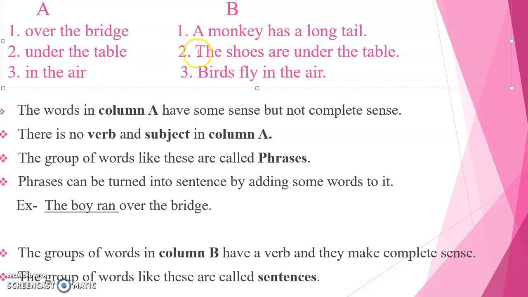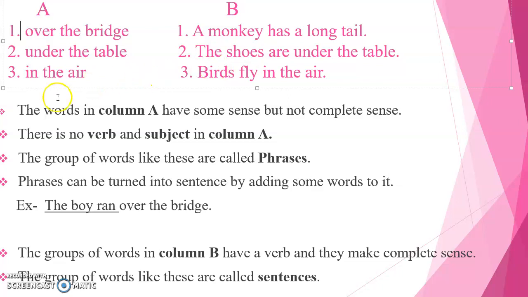It is also started with a capital and ended with a full stop. It also has a verb. Third one also, birds fly in the air. It is starting with a capital and ending with a full stop. And it has a verb.